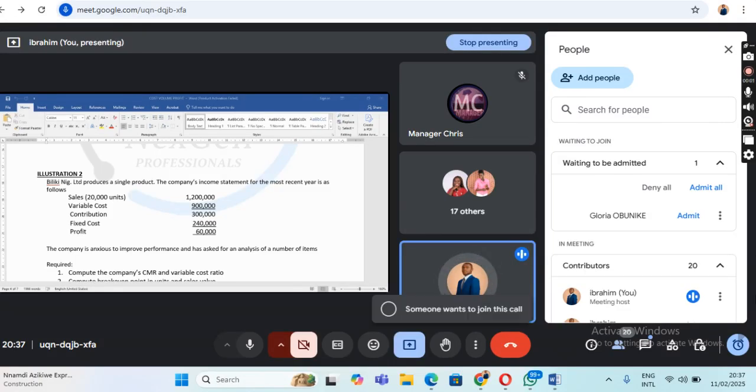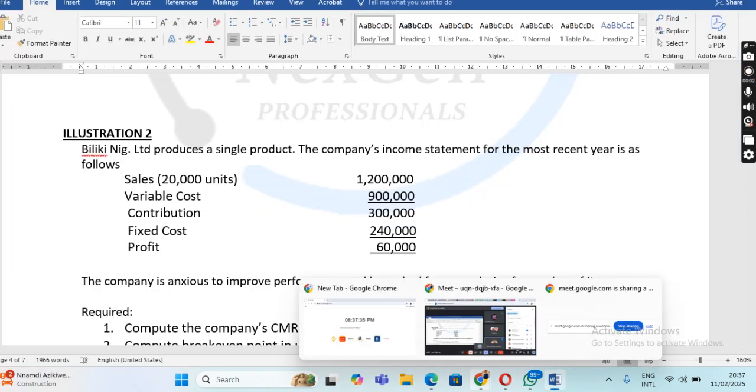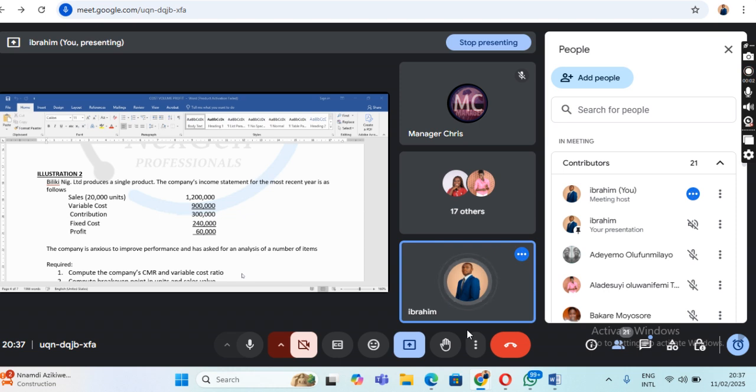We discussed cost volume profit analysis, right? Then we were able to look at some formulas in cost volume profit analysis. And I said that cost volume profit analysis is mainly for decision making, the break-even point.